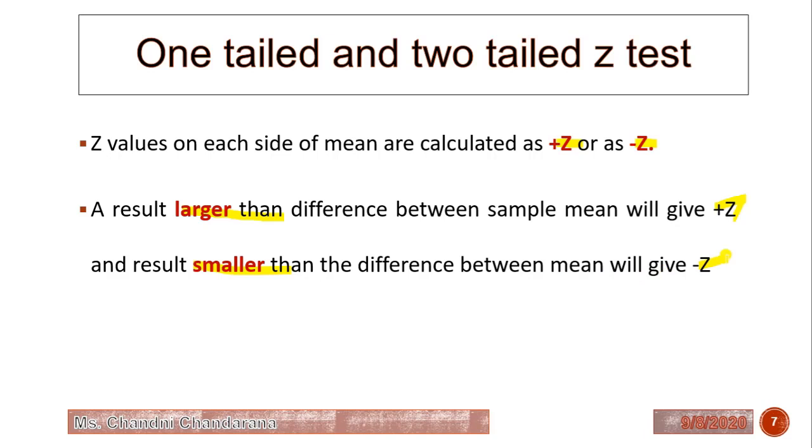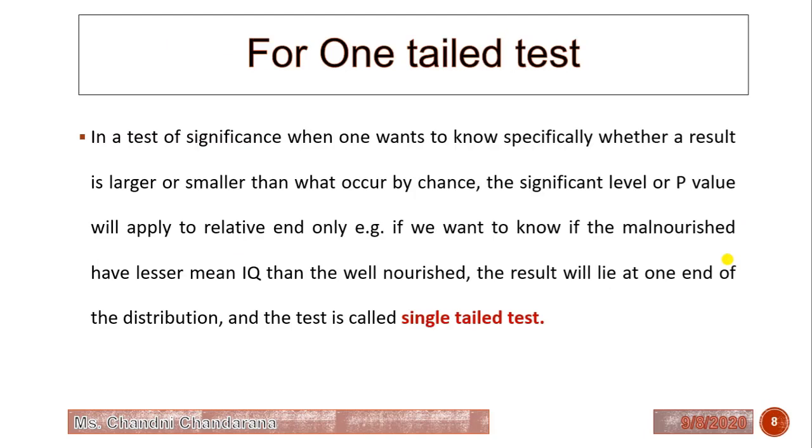Now we will see an example. When can we say the test is a one-tail Z-test, and when a two-tail Z-test? For example, in a test of significance, when one wants to know specifically whether a result is larger or smaller than what occurs by chance, the significance level, or p-value, will apply to that one end only, and this end is known as a tail.